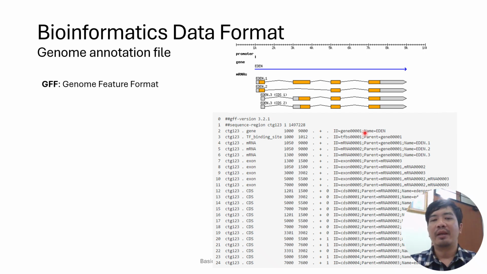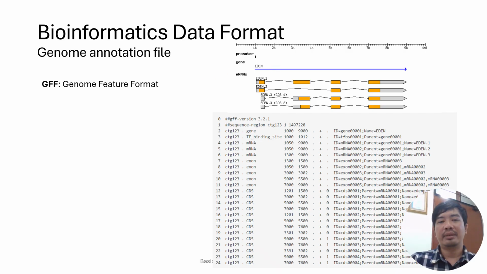It's very useful if you have the annotated sequence and you have, for example, a marker here on a coordinate. You can check whether the marker is on an exon or intron, on the promoter, something like that. That's why it's very useful.